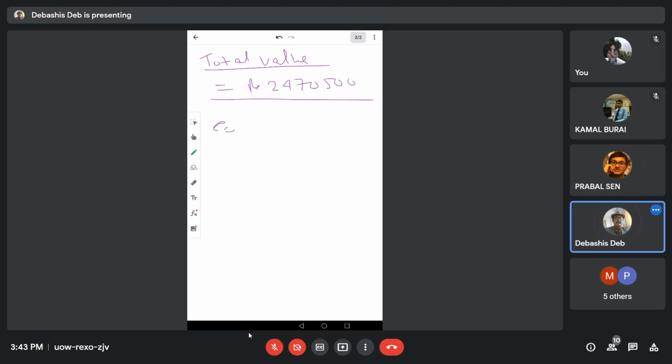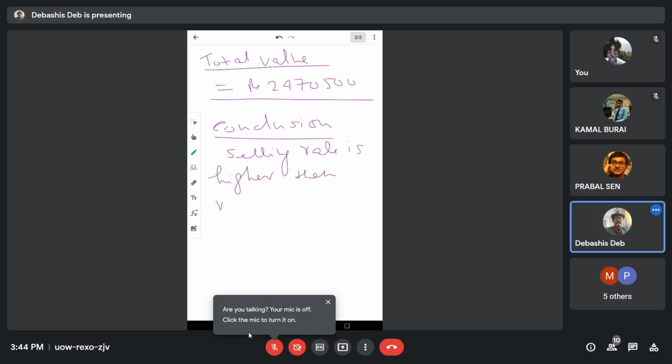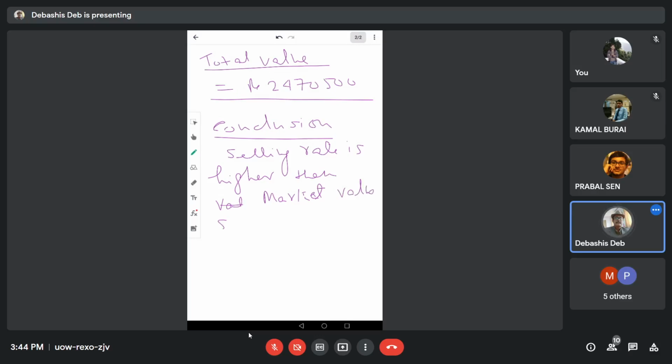So conclusion, selling rate is higher than market value, since rupees 25 lakhs is greater than 24.705 lakh. Okay, this is one conclusion.